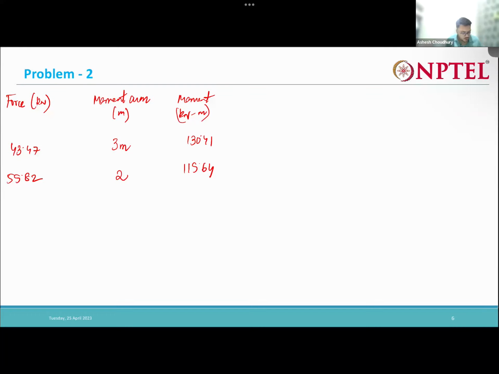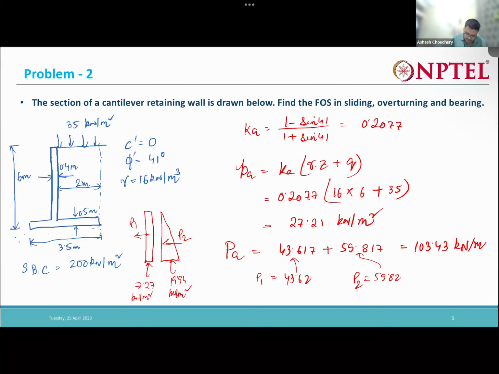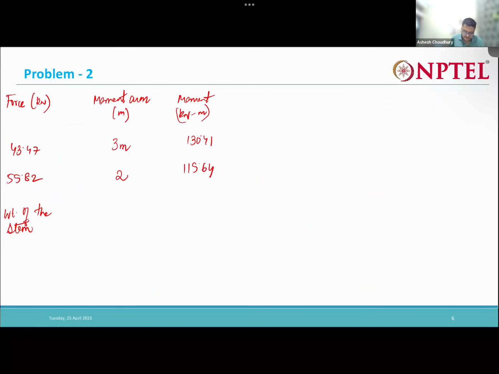Okay. So now what is the weight of the stem? The stem means this portion, right? What is the unit weight of concrete? It's 24 kilonewton per meter cube.